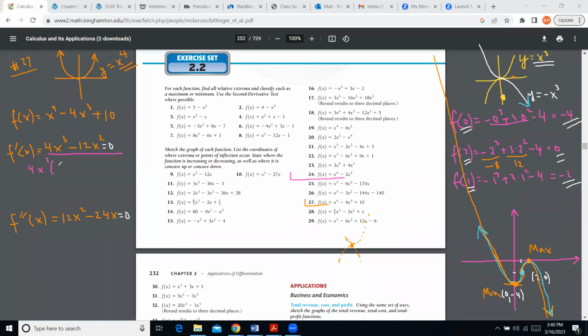We get an x minus 3 in the parentheses equals 0. Either 4x squared is 0 or the parentheses is 0, right? And we got our solutions. So solutions are 3 and 0.